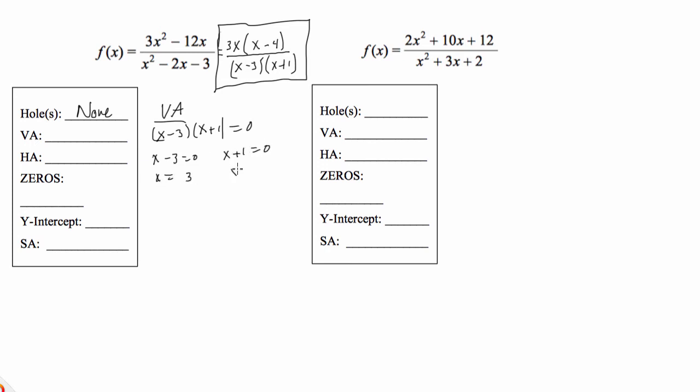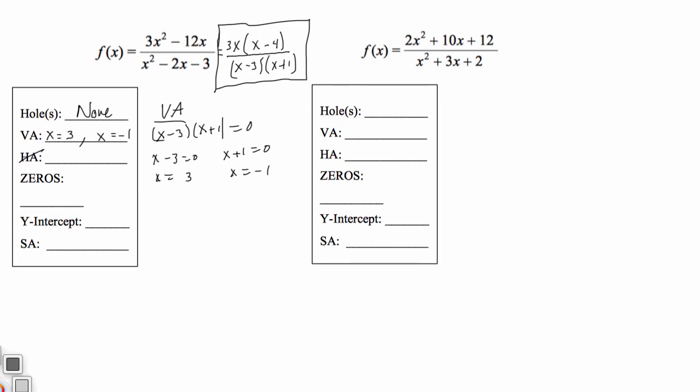So we have x is 3 and x is -1. So for vertical asymptotes, there's going to be 2. And I'm going to list them right next to each other: x equals 3 and x equals -1. There we go. Okay, so there's two of them, and we're not going to do the horizontal for now.